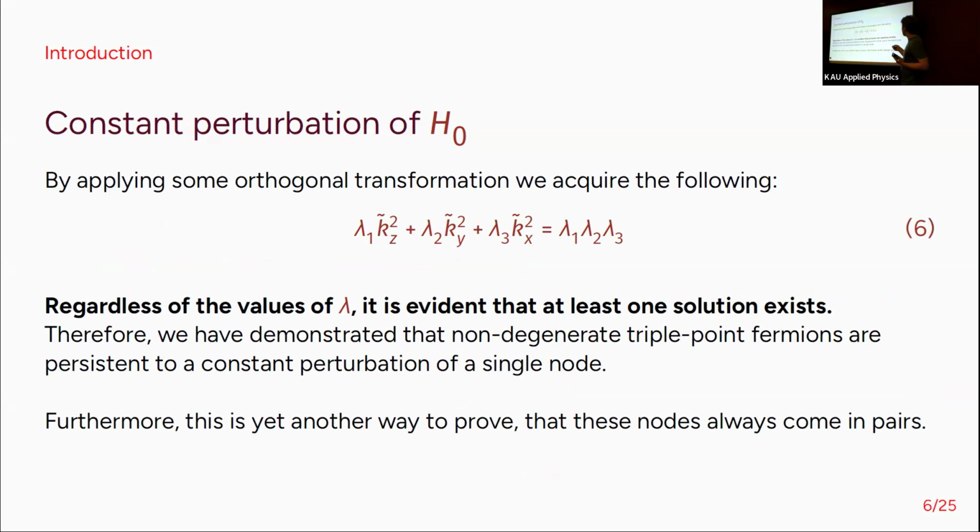If, for example, two of them are negative, again it is obvious that there is a solution because, for example, if lambda 2, lambda 3 are negative, we take kz equals 0, and we can get here a negative number. And if one of these lambdas is 0, for example, if lambda 3 is 0, any kx will satisfy this equation. So no mass term can open the energy gap.